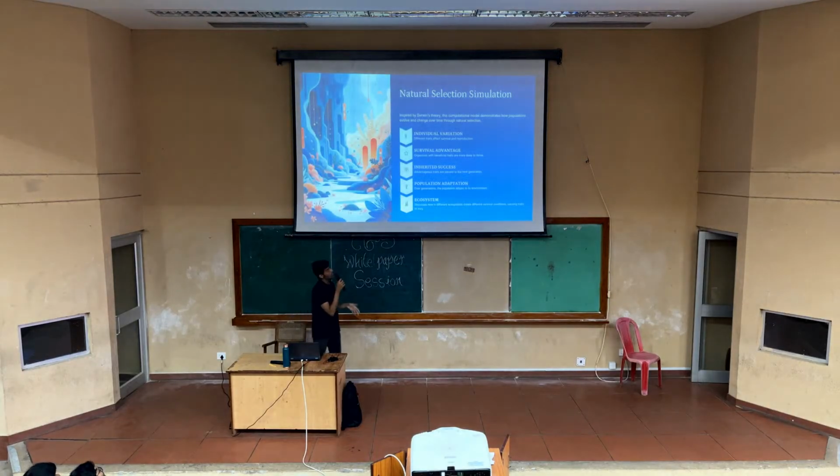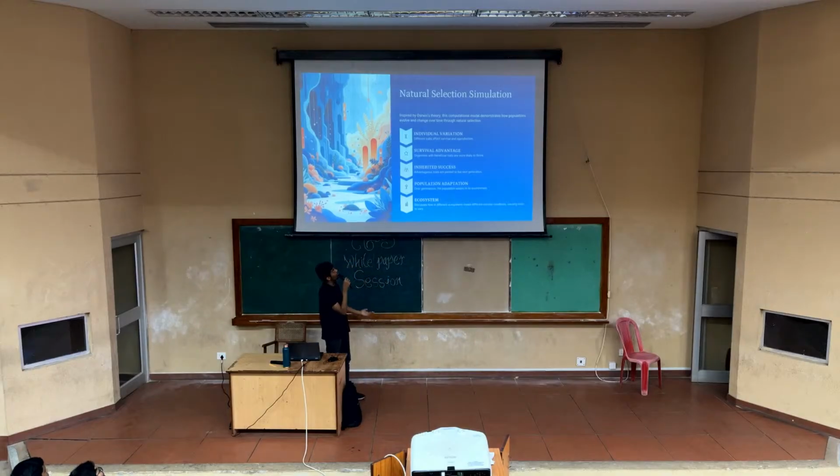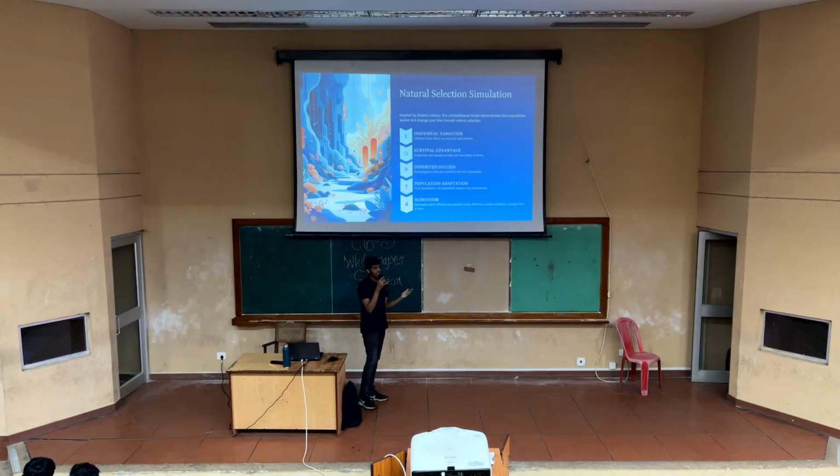The next thing which I'll be talking about is natural selection. This was inspired by Darwin, and it helps us demonstrate how populations change and evolve over time. There are a few key points needed for this. One is individual variation, which is that different traits affect survival and reproduction. Survival advantage, where based on a particular trait, you have a better chance to survive in a particular ecosystem.